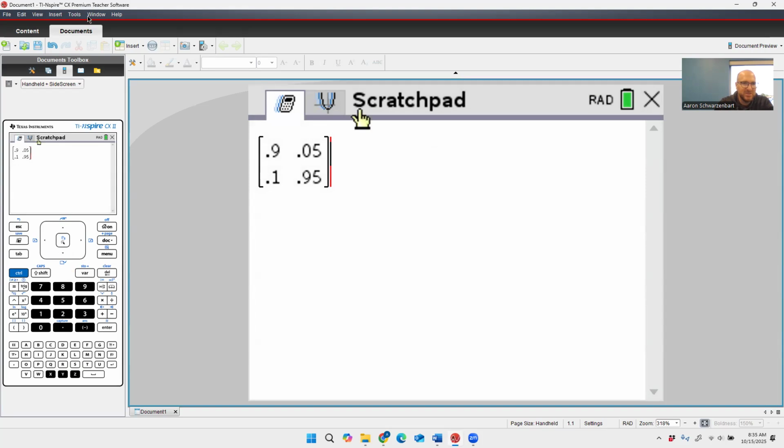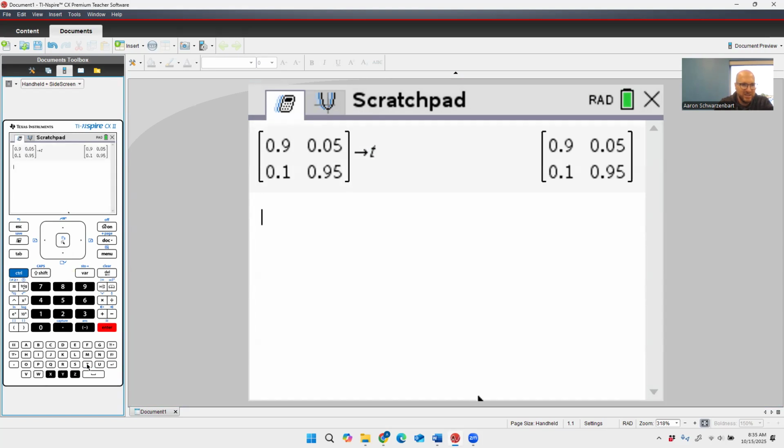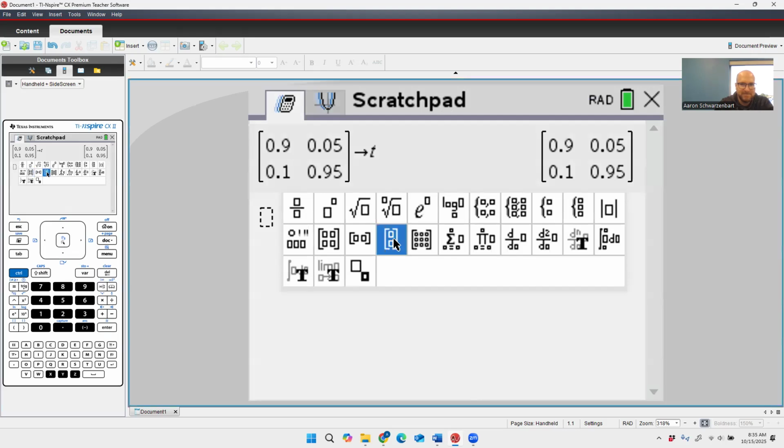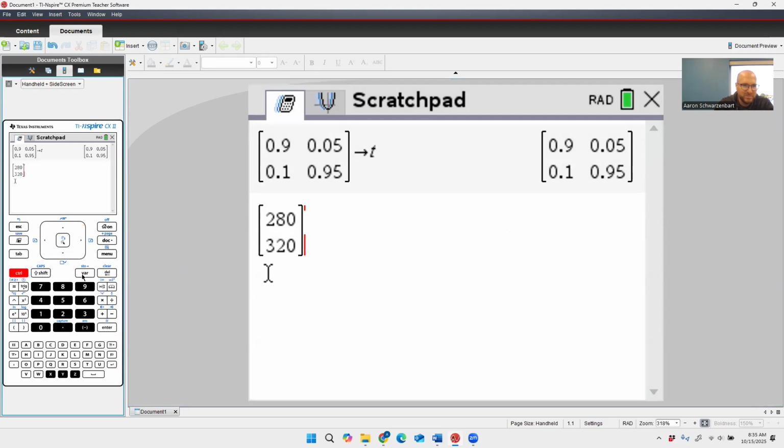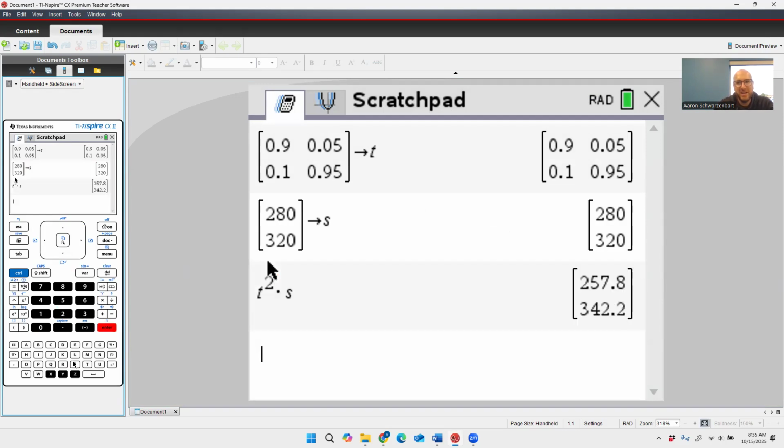That's T, and we'll call my other matrix S. So now if I want to do T, and just take T to the second times S, it looks like I will have 258 and 342.